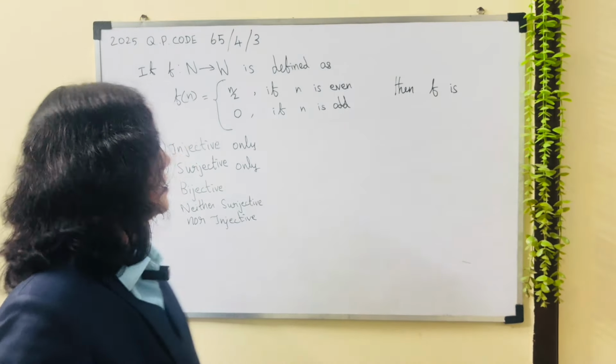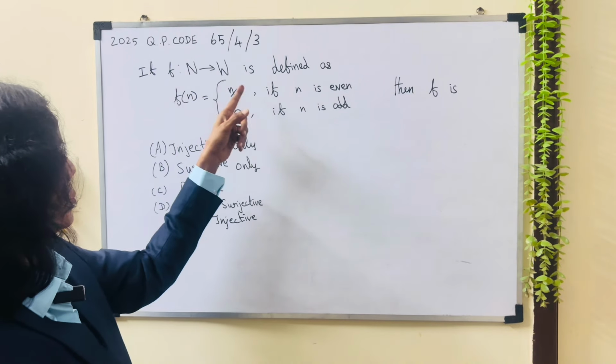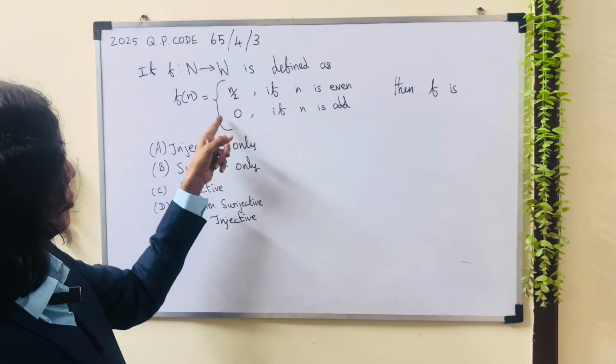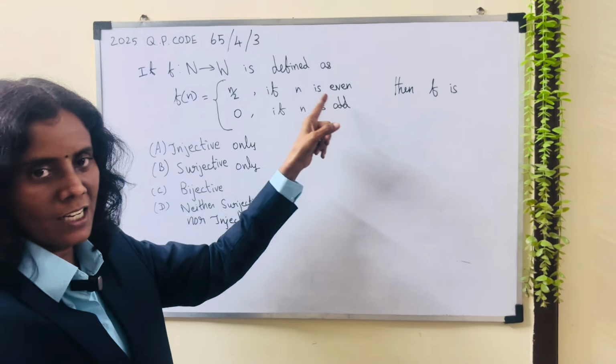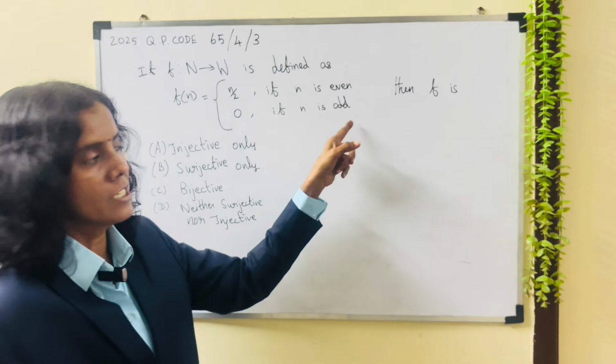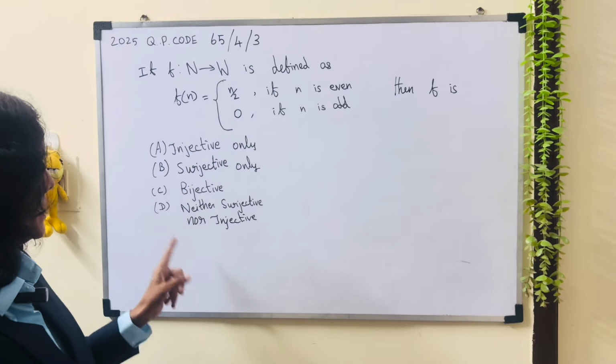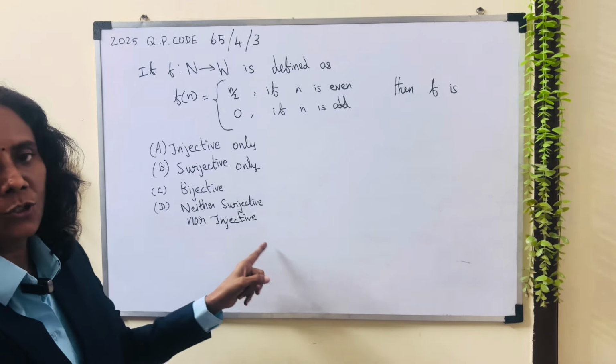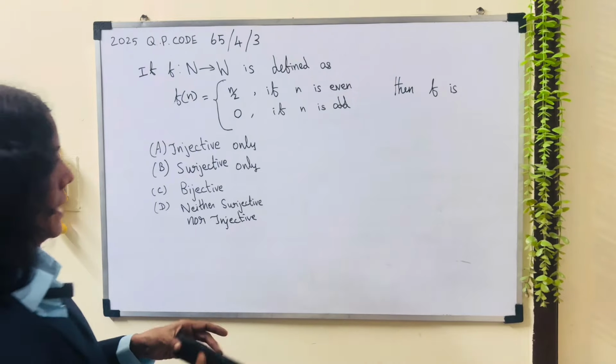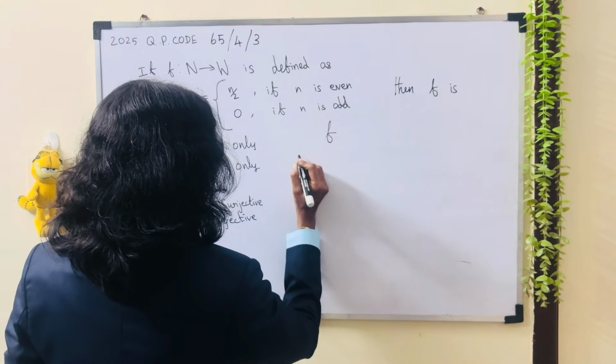Question number 3. If f is N to W defined as f of n is n by 2 if n is even, 0 if n is odd, then f is injective only, surjective only, bijective, neither surjective nor injective. Sumல function என்ன கொடுத்திருக்காங்க?